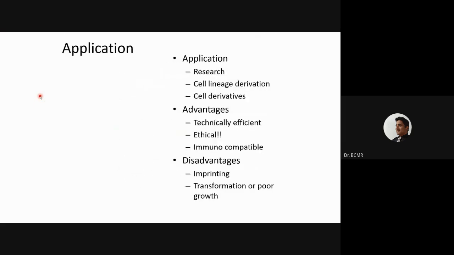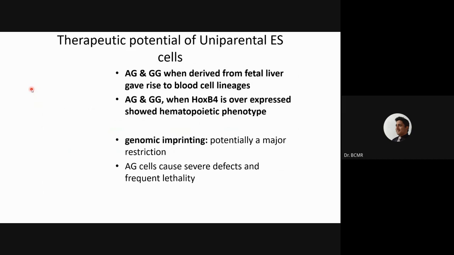So what I also want you to remember is that to use embryonic stem cells for therapy, there are problems. One of it is AG, and one of it is the genomic imprinting.